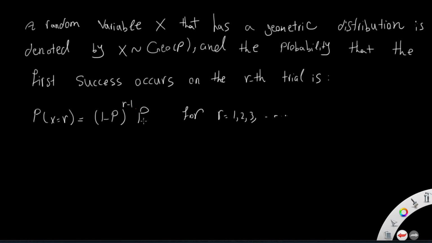Then the last one will be a success. For r equal to 1, 2, 3, and so on, it means that your success can be obtained in the first trial, second trial, third trial, and up to infinity.